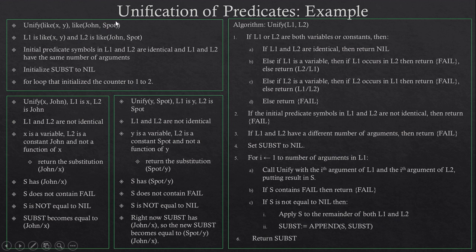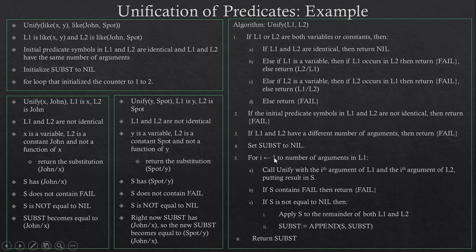We don't have any. If there was, we would have substituted. Now we move to the next step, creating a new SUBST as SUBST appended to S. Right now SUBST does not have anything, so SUBST becomes equal to S, which is John for X. All the steps in the for loop are over.